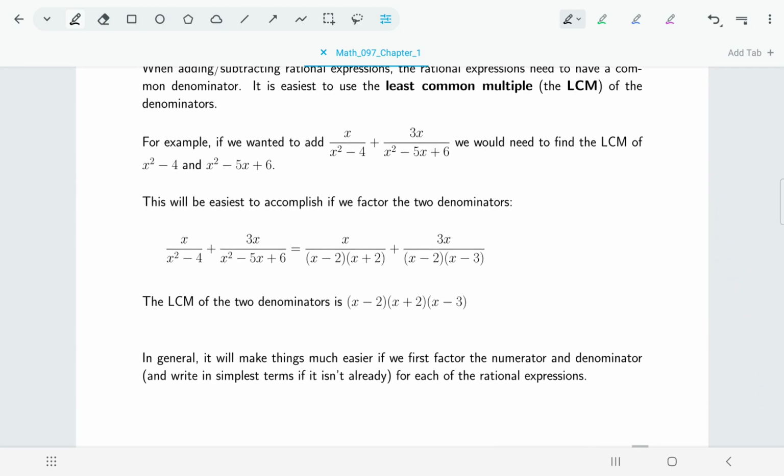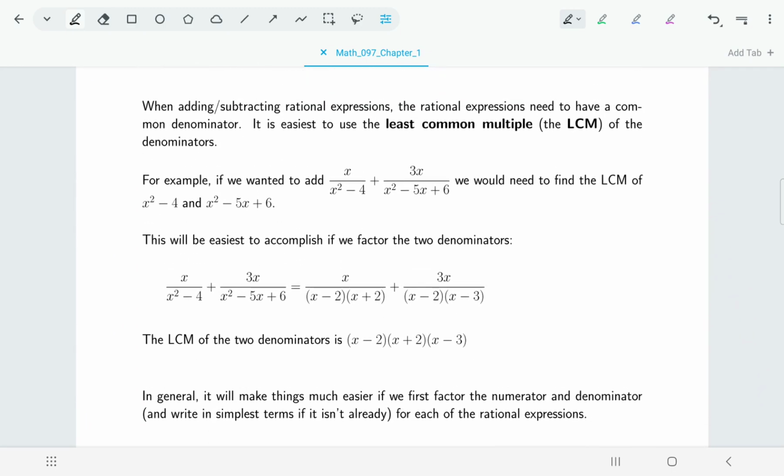Of course, before we do that, a reminder about finding ourselves common denominators. As always with everything in this section, it's easiest if you have your denominator factored first. So if somebody were to hand me these two expressions and say, please add them and then simplify, before I can add those two rational expressions, I'd need to make common denominators.